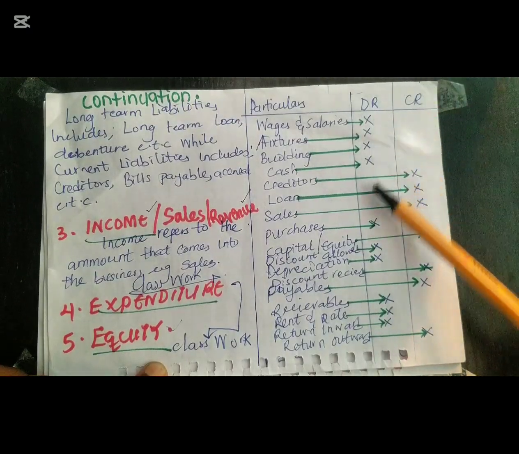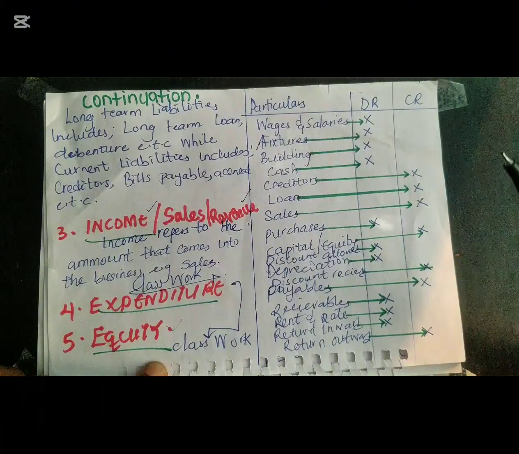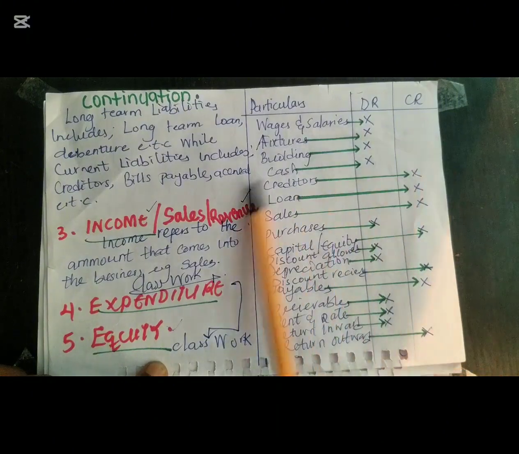So debit items are your assets and expenses, while your liabilities, your income, and your equity are what's credited. So that's just what we need to know.